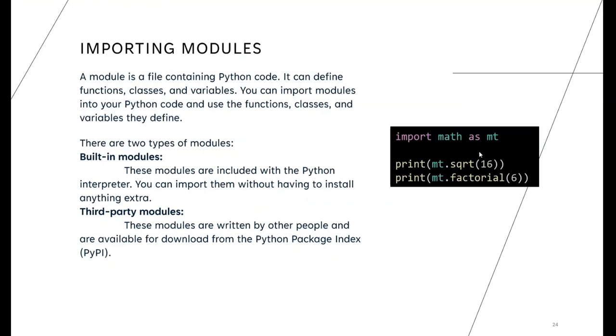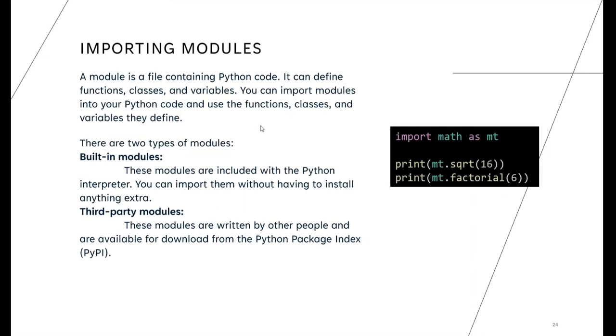So we can use mt dot sqrt, that is a square root function, and mt dot factorial, and by just passing the values, the output will come. So in Python, we have built-in modules and third-party modules.